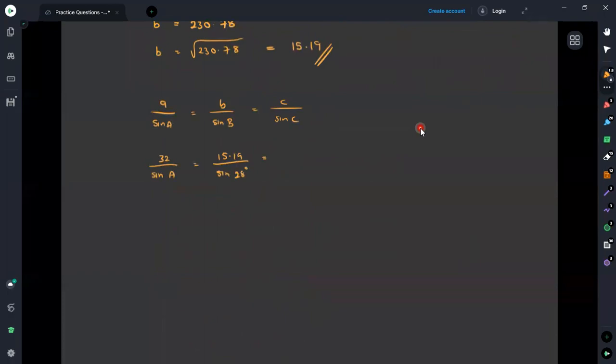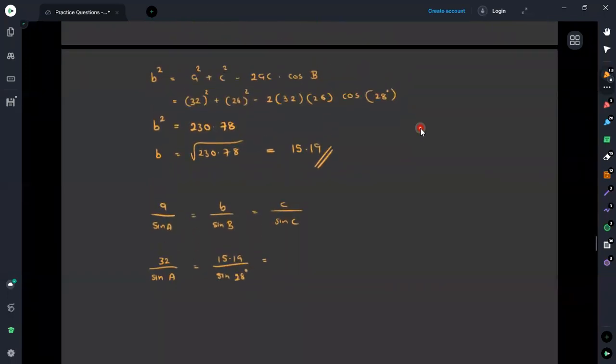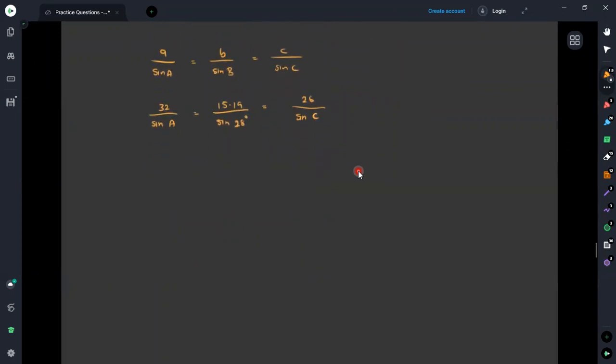Then we know the value of c. C is given as 26, but still we do not know the angle C. By equating the first two terms together, we can easily find the value of sine A. Equating the first two terms, 32 divided by sine A is equal to 15.19 divided by sine 28.